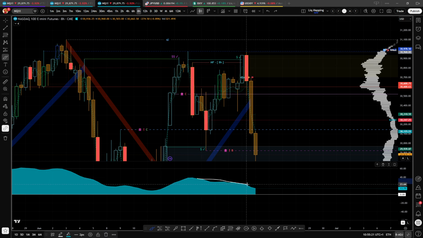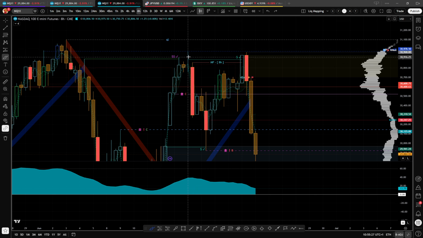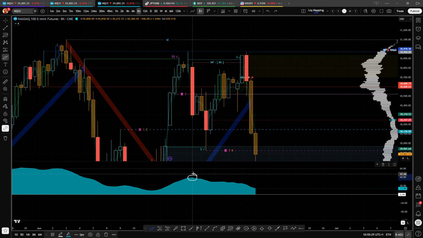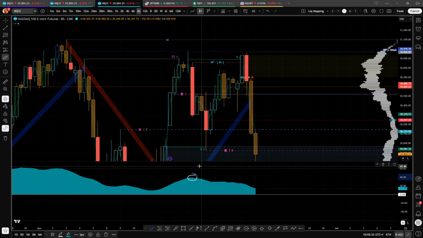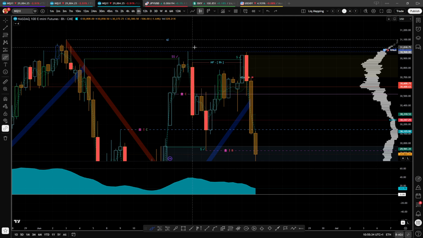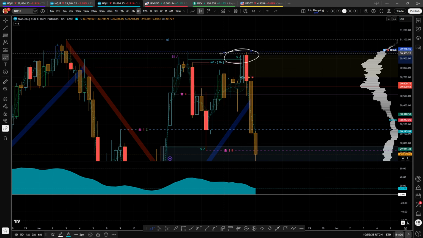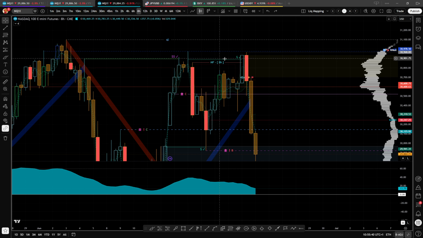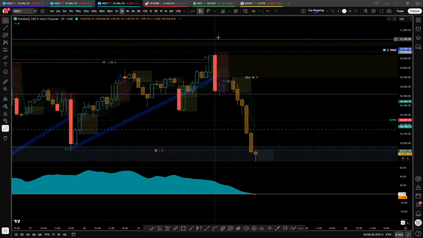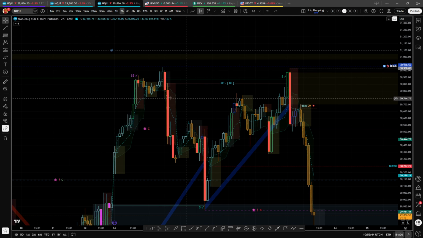But money flow was diverging the whole way up here. And then when we hit the most extreme point, which was this internal hidden div, money flow went higher as price went lower, we were really diverging at that point. So I noted it, I marked it. I like to see that.